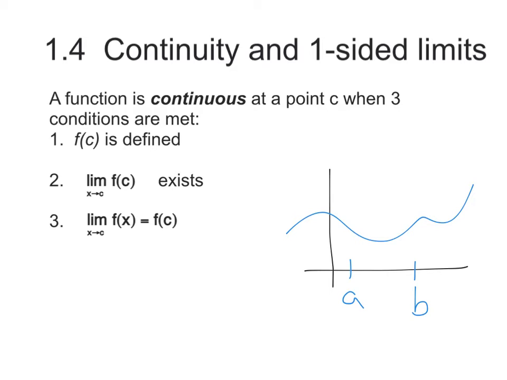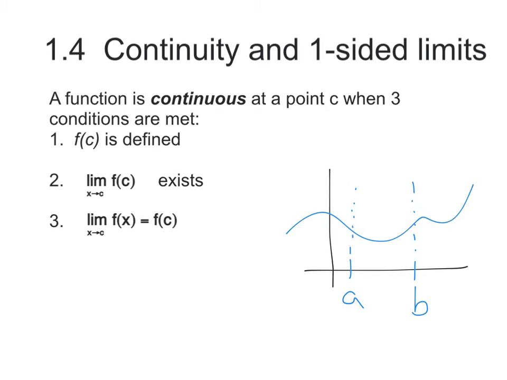So if I just want to limit, not a limit in this case, but just look at the scope, at the function in between here and here. In between these two x values. Okay, so any point C in between A and B, this function here, let me turn this pointer on. There we go.